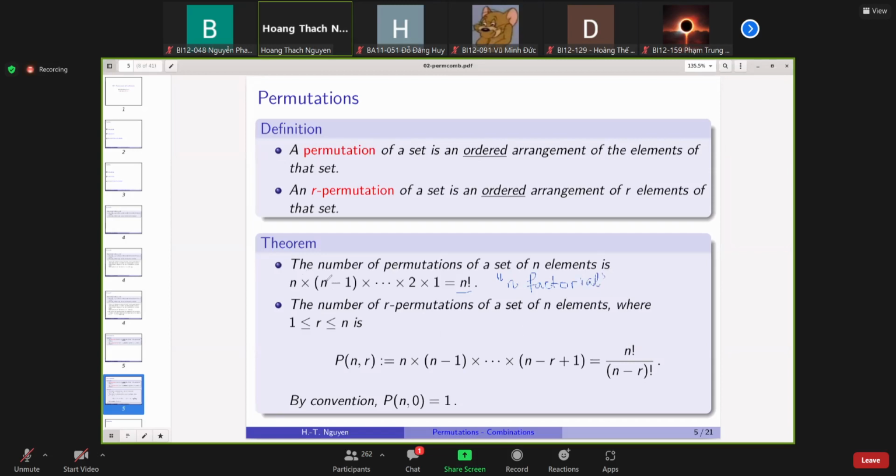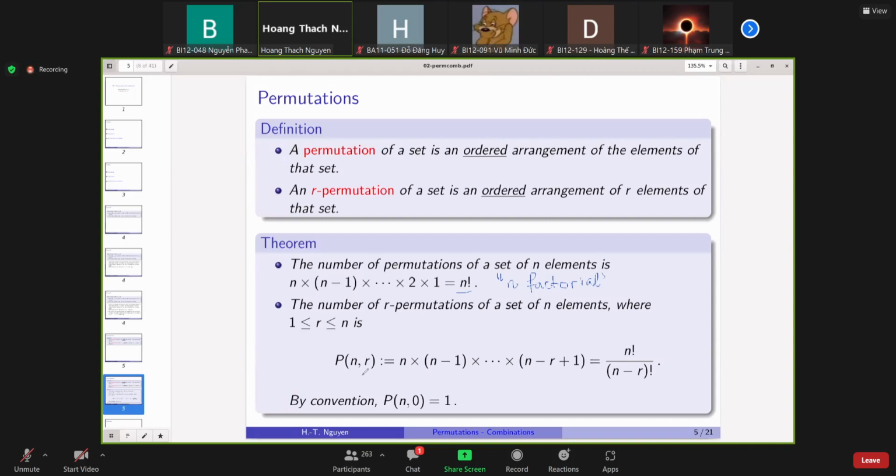Okay, and for the number of r-permutations of a set of n elements, in this course we use the notation P(n, r). Note that the total number, the larger number n, is before, and the size of the arrangement is after.